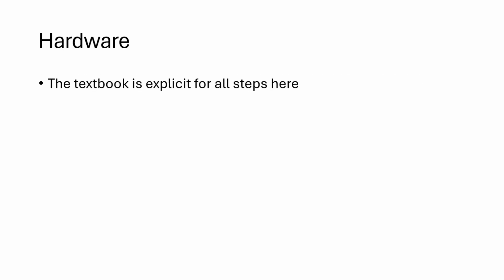And as far as steps for the hardware, when I was looking through the textbook, it's very explicit on steps that you should be taking for tuning your gains on the hardware.